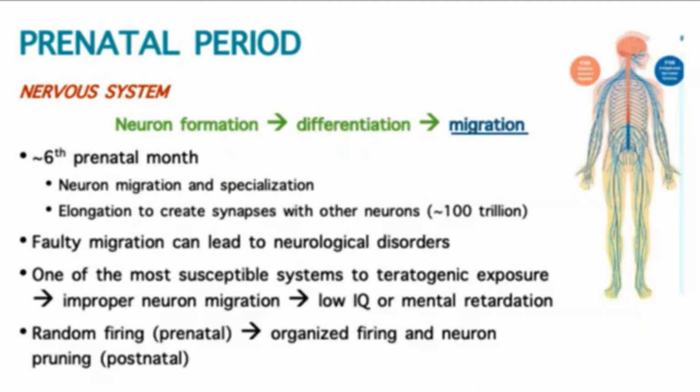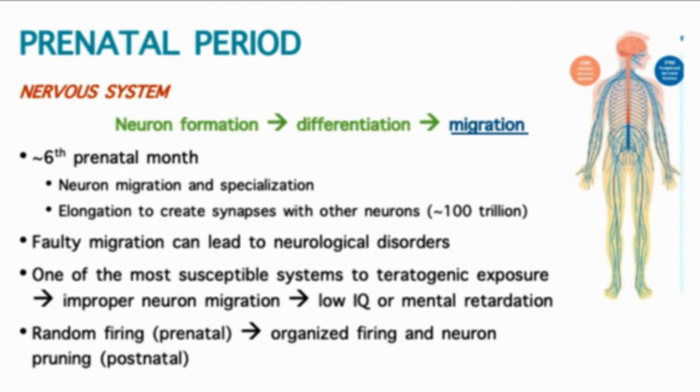which is the last stage that we call migration, right? And so usually migration starts around the 6th prenatal month, and this is where we get migration throughout the body, right? So neurons are going to be, we have like the brain and the spinal cord that make up our central nervous system, and then we have this migration of the peripheral nervous system to different organs in our thorax, to different plexi that extend out to our extremities.